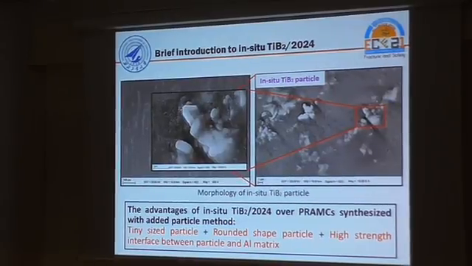Compared to the PRAMCs synthesized with the annealed particle method, some advantages of in-situ titanium diboride 2024 are the following: the tiny sized particles, which may have a higher strength, and the rounded shape particles, which may release the stress concentration, and the high strength interface between particle and aluminum matrix, which may not easily debond under tensile stress.